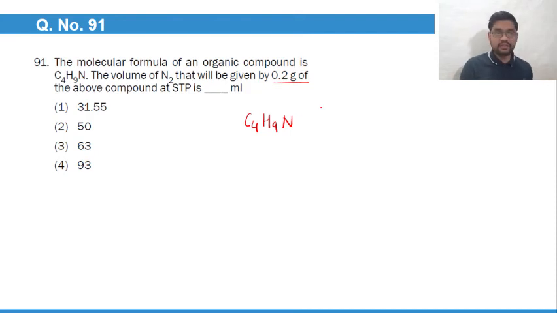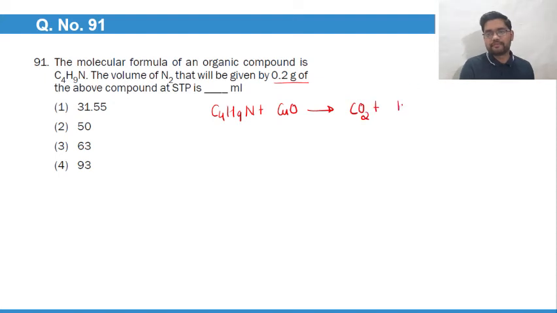So one second, let me write the reaction. C4H9N plus cupric oxide will give you CO2 plus H2O plus nitrogen plus copper.